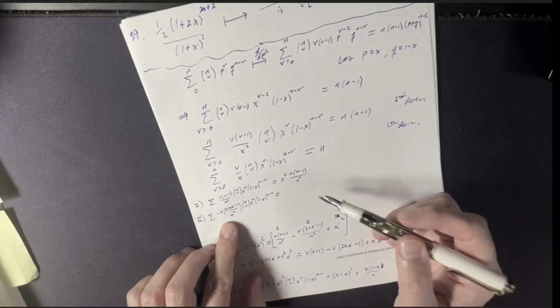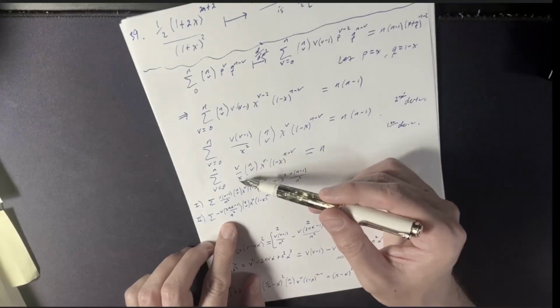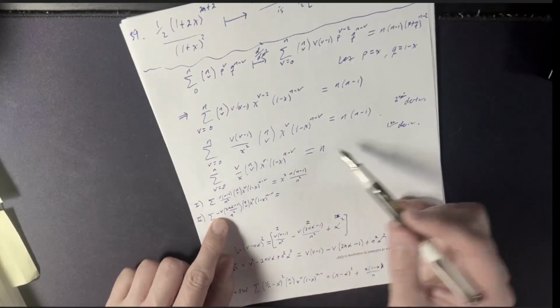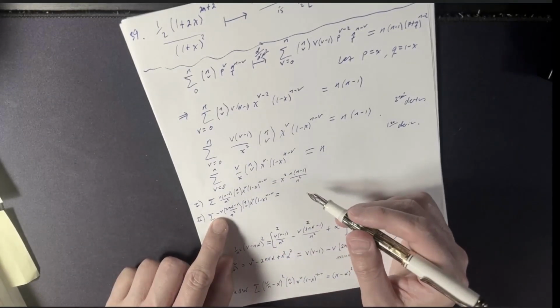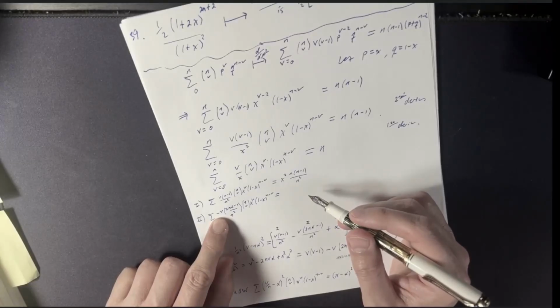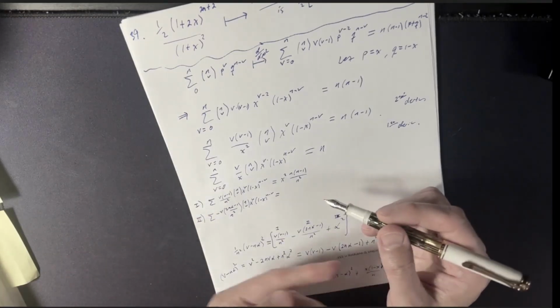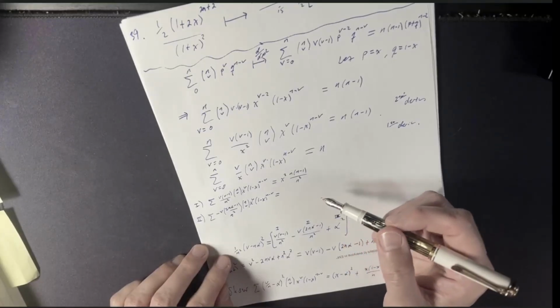But we know that v with an x over it is equal to n, so the v part is just equal to nx. It's a negative as well, so I'm going to divide by that as well.